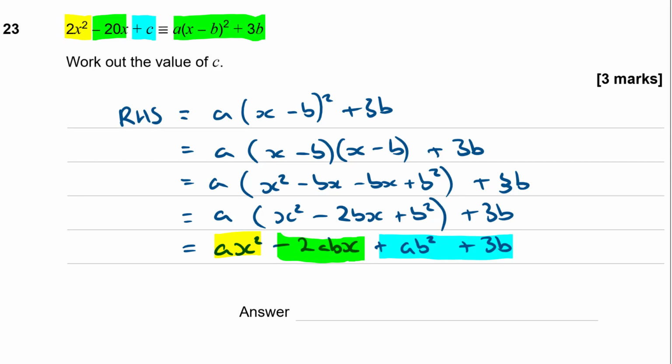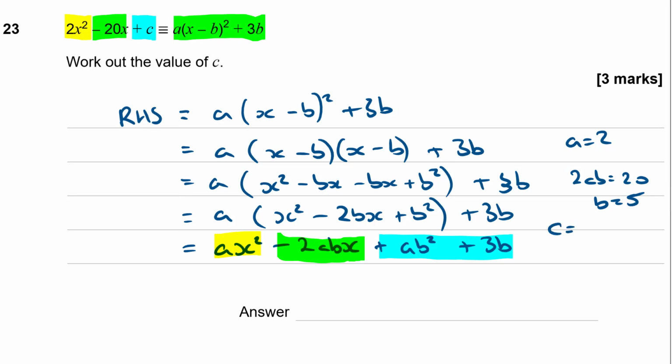So I can pair them up. I can say, well, if ax squared is equal to 2x squared, then a is equal to 2. I can say that the 2ab must be 20, and I know that a is 2, so that means 2b must be 10, so b is equal to 5. And I know finally that ab squared plus 3b must be the same thing as c.